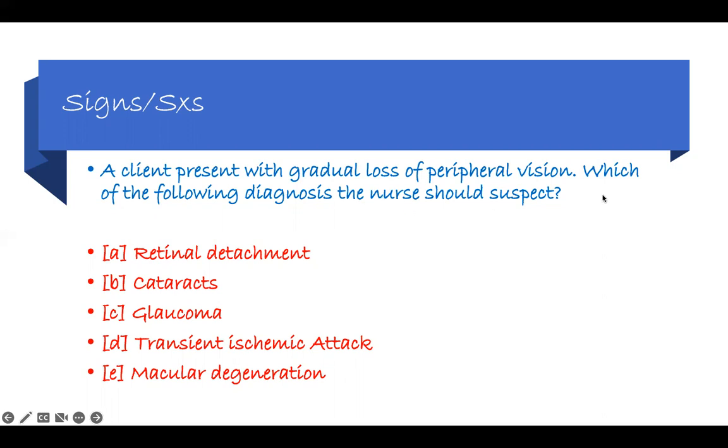So now let's go. Which of the following diagnoses should the nurse suspect? The same thing, expected finding, something that I should suspect. A client presents with gradual loss of peripheral vision. Okay, a bunch of words. Gradual loss of peripheral vision.